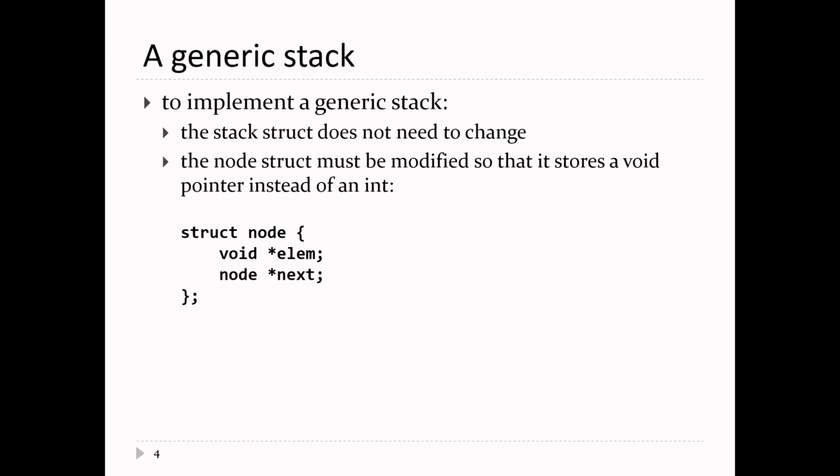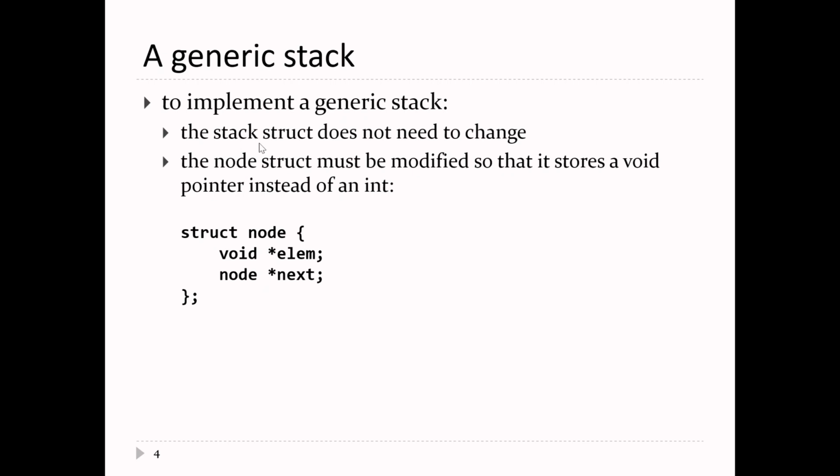Okay, so it turns out you don't have to change very much, at least superficially anyway, to implement a generic collection. So starting with our stack of int, let's change it so that it now becomes a stack of anything. So the structure itself doesn't need to change.